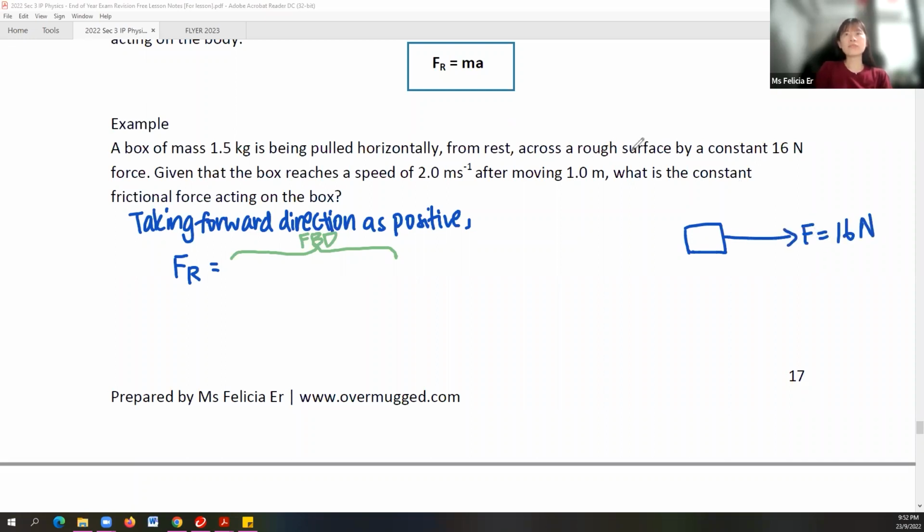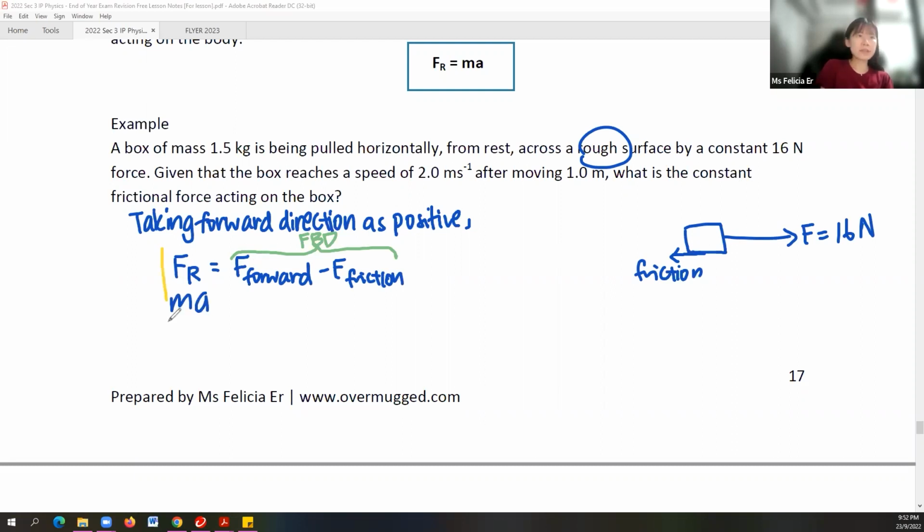Since they say it's rough, it means there will be friction. So for the free body diagram, it will be the forward force minus the friction. Then below, you always follow a formula, which is MA.